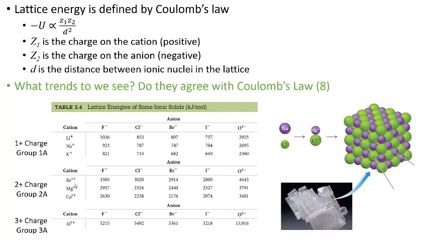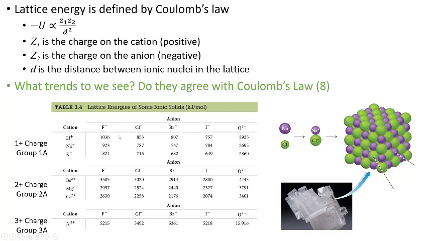Okay? And so if we take a look at some of the lattice energies of formation of some different salts, let's look at the trends that we see and see if they agree with our understanding of Coulomb's law and the general trends that we just went over in the last slide. So we have a bunch of singly charged anions and then our doubly charged oxygen.